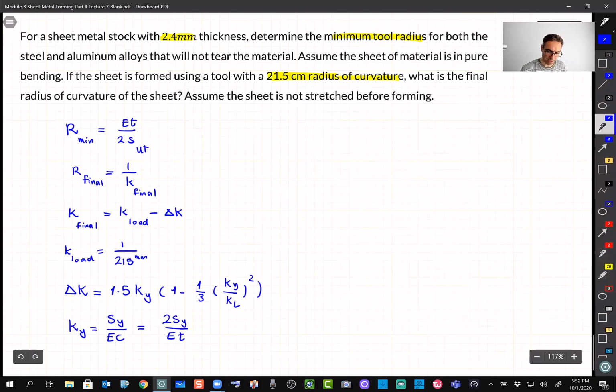And we know SUT. Don't forget, this one is SUT for our minimum, but for KY we use SY, the yielding strength. All right. I let you guys use your calculators, and the rest is easy, and find out the values of the final curvature you get for this. Okay.